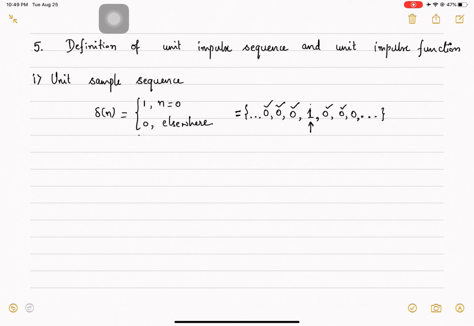Now, why is this sequence important? We'll know. I'm going to take a general sequence whose values are as follows. I'm going to take smaller values so that it's easier to draw that function. It has 0.